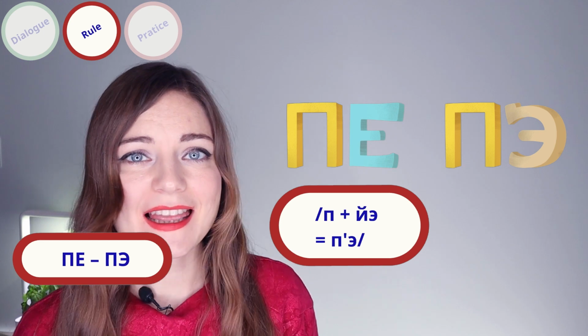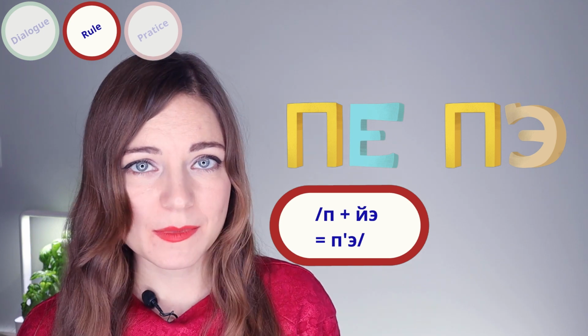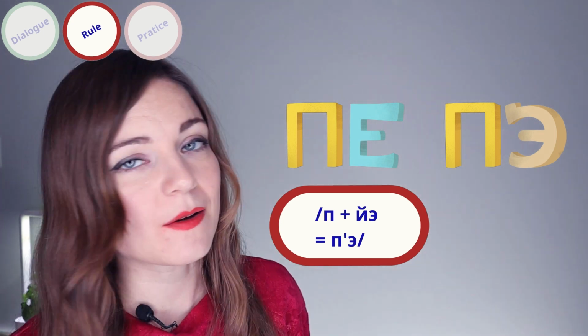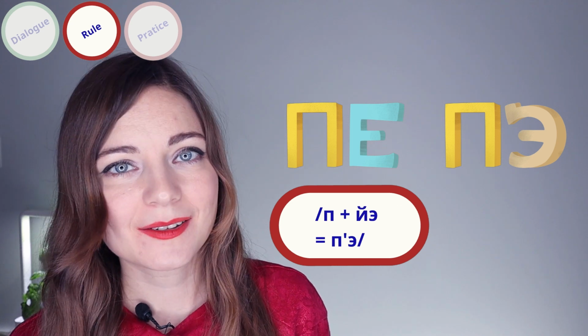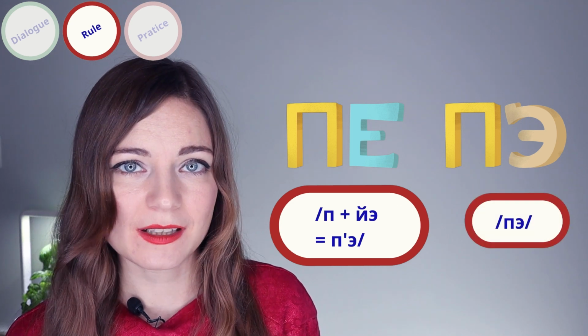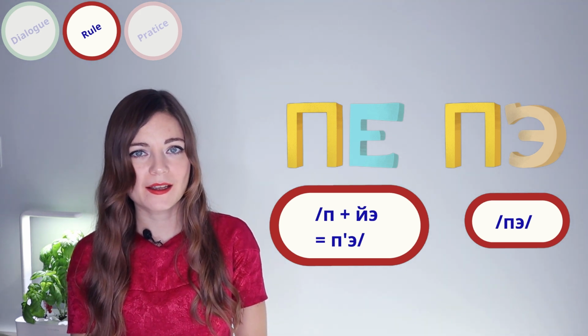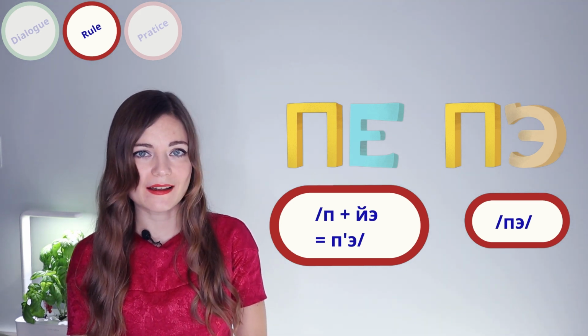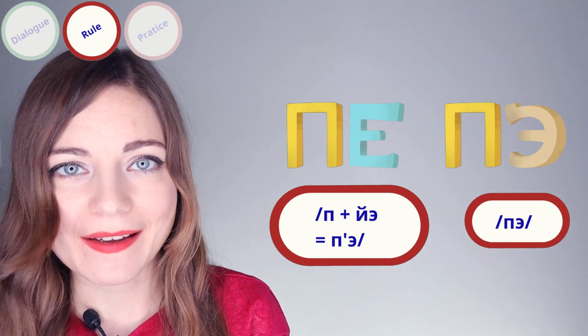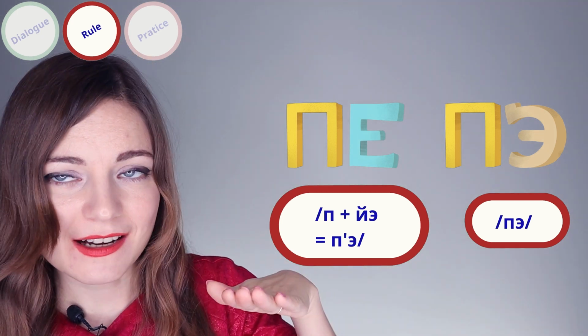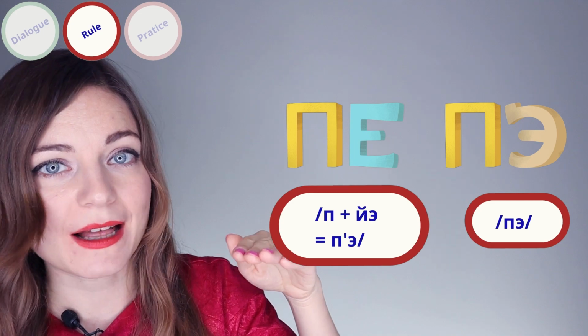So what happens in the end? P becomes softer, and this syllable sounds as pie. Compare to the second one. P, pie. When you say pie, the only difference is that your tongue is closer to the upper palate.